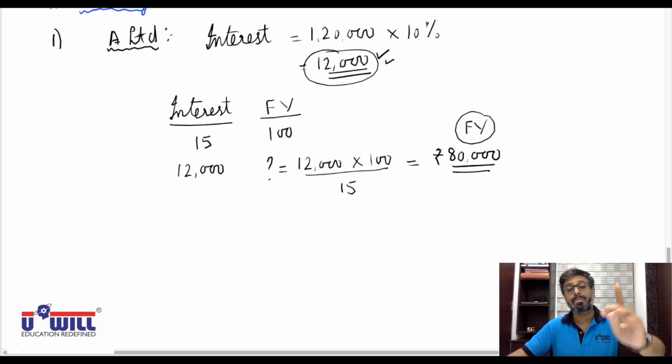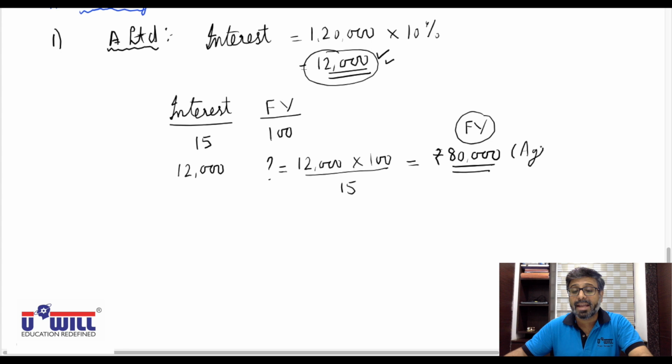So if the new company C Limited gives debentures of rupees 80,000 to the debenture holders of A Limited at the rate of 15% interest, then A Limited's debenture holders will continue to get 12,000 interest.